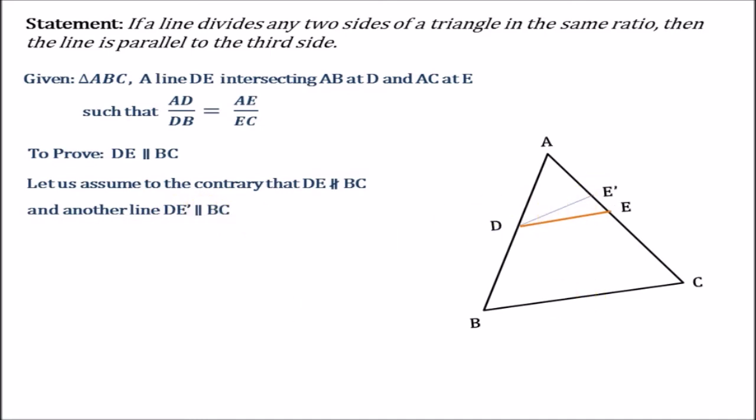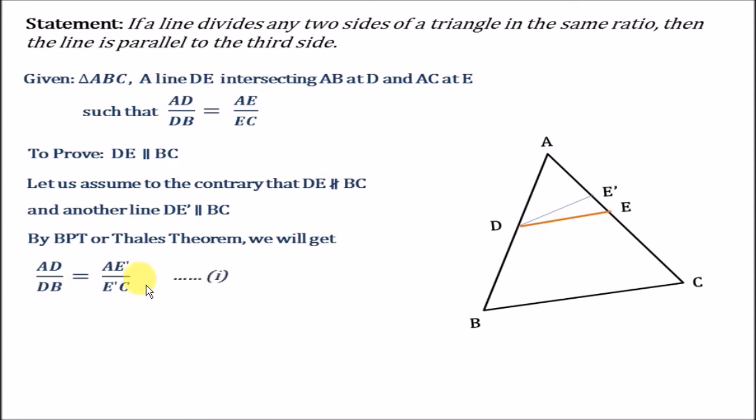Now, by BPT or Thales theorem, if DE dash is parallel to BC, then DE dash will divide the line segments AB and AC in the same ratio, as AD by DB equals AE dash by E dash C, as DE dash is parallel to BC. So we are applying Thales theorem or BPT. Let us keep this as equation number 1.